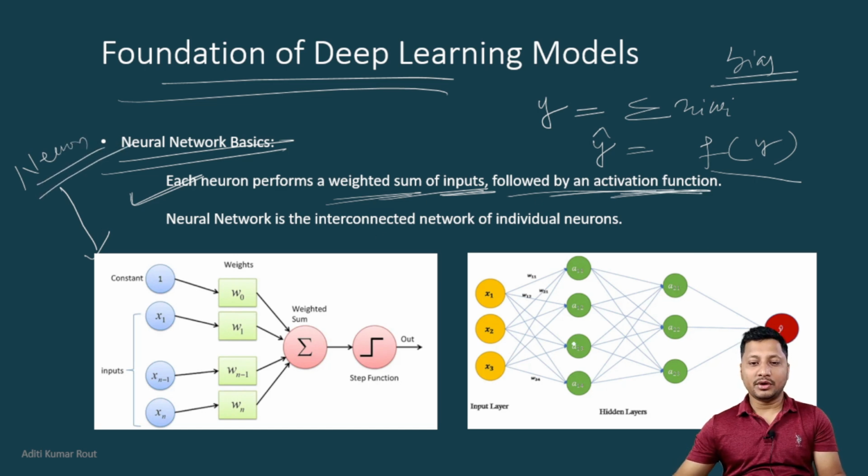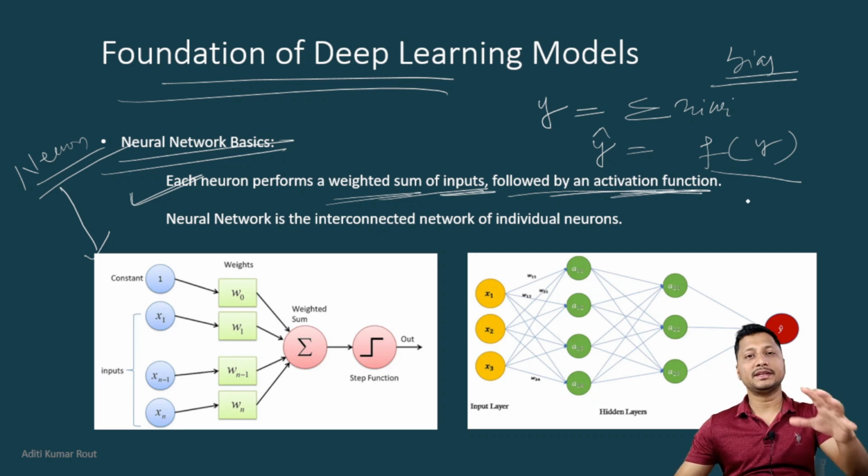And if you are interconnecting these neurons in the second figure to solve a particular problem, then it is basically the neural network. And why is it known as an artificial neural network? Because it is built on top of the human neuron in the brain.